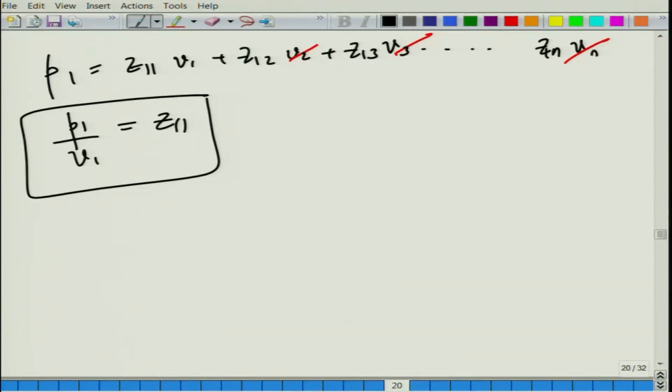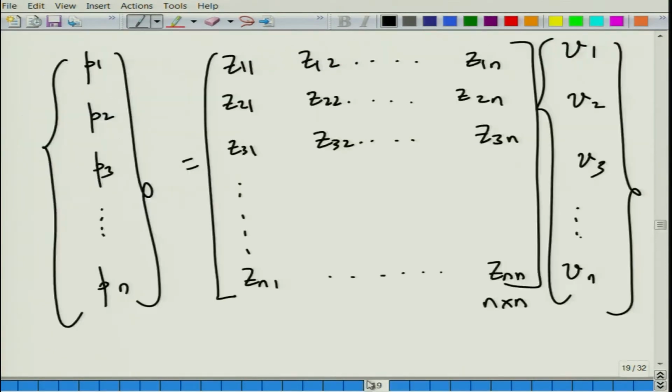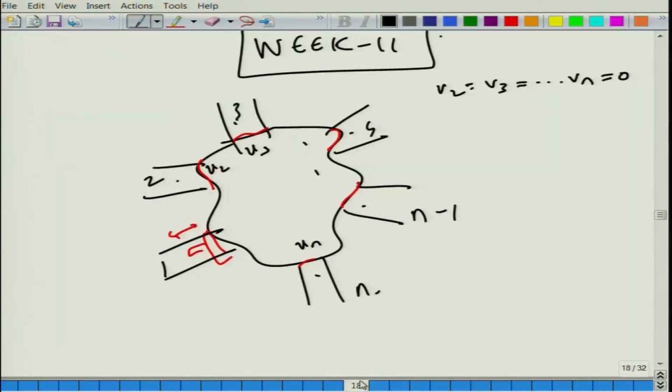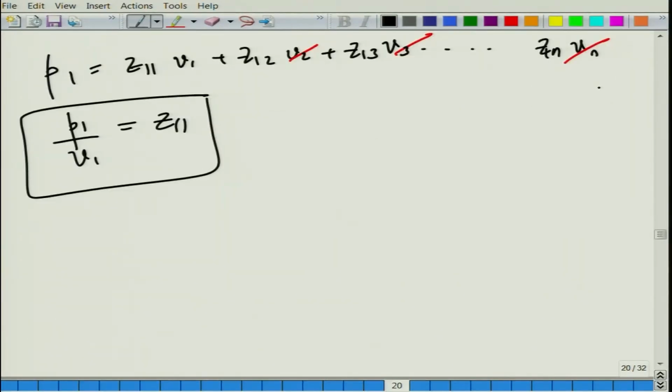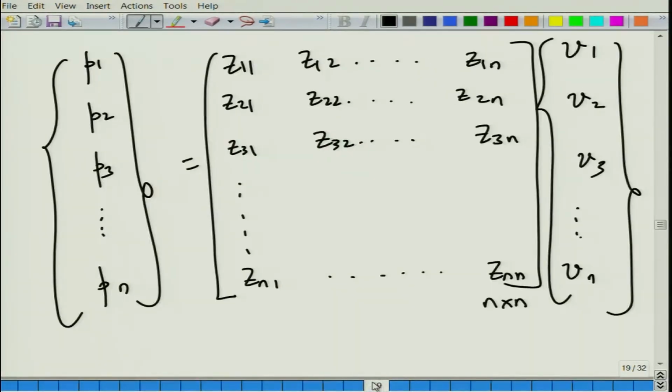Okay. So, similarly, if you were to mount a sensor here, now put the sensor here, P2 by V1 will get you Z21, P3 by V1 will get you Z31, because in the entire equation all the other components are 0. So, Pn by V1 is equal to Zn1.